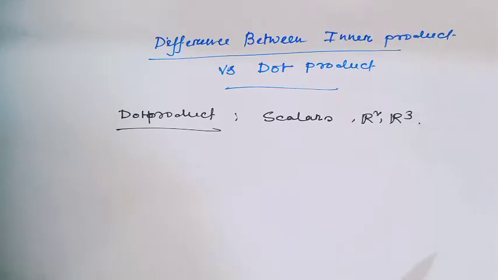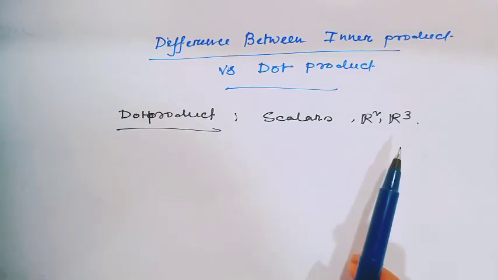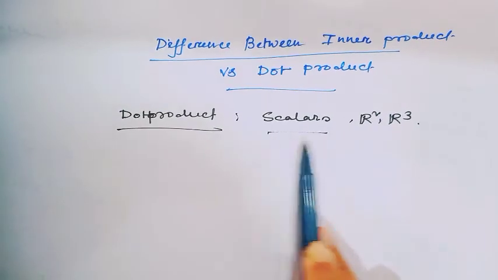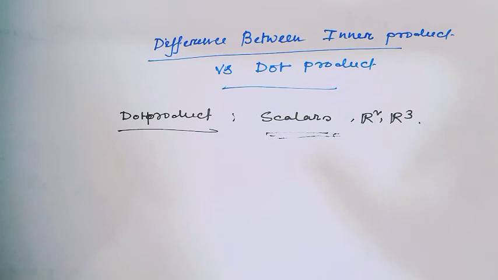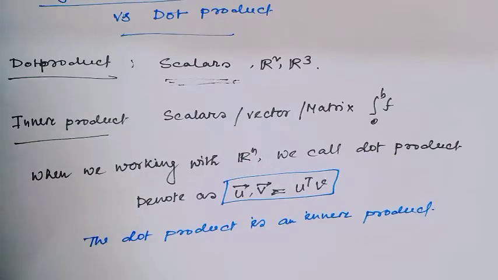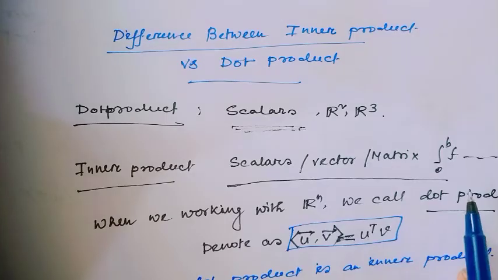There exists some difference between the inner product and the dot product. Inner product is actually the generalization of the dot product. The dot product I have seen in physics for R2, R3 to find scalars. But the inner product can be on scalars, vectors, matrices, integrals, and so on, different types of vectors.